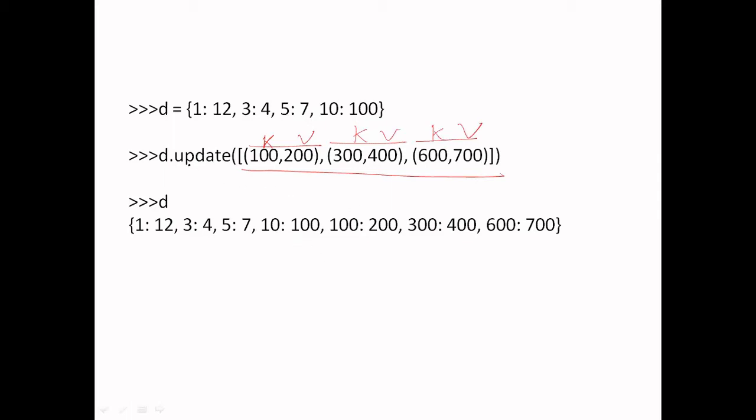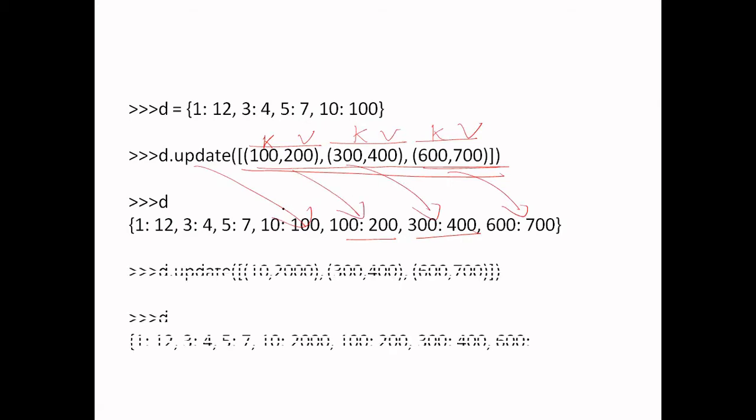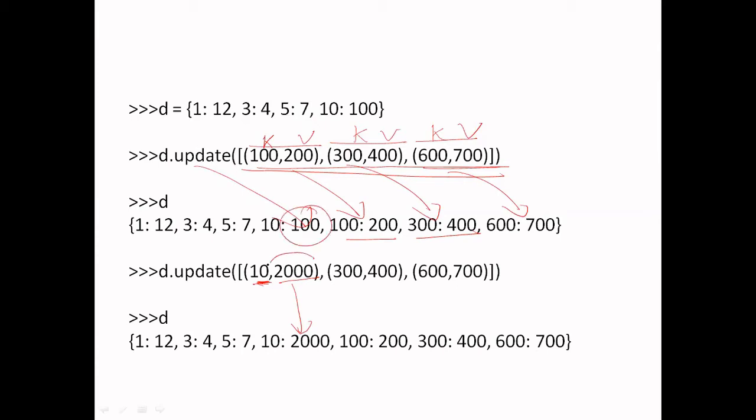So this dictionary will be updated, and the new pairs 100 colon 200, 300 colon 400 and finally 600 colon 700 will be added. And if the key already exists in this dictionary, the corresponding value will be updated. The old value here was 100 and the new value is 2000, so this 100 will be replaced with the new value, that is 2000.